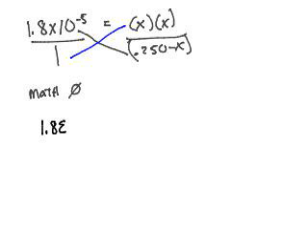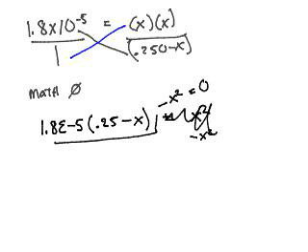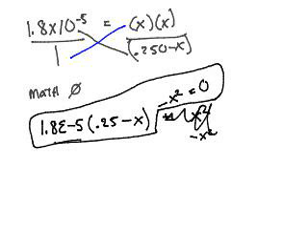So you can say 1.8 E negative 5, parentheses, times 0.25 minus x, parentheses, and that's equal to x squared. Since I have to set that equal to 0, if I subtract x squared from both sides, then essentially this can just be minus x squared equals 0. So if you type this right in here in your calculator, you solve for x.